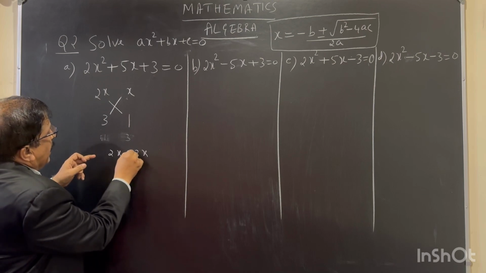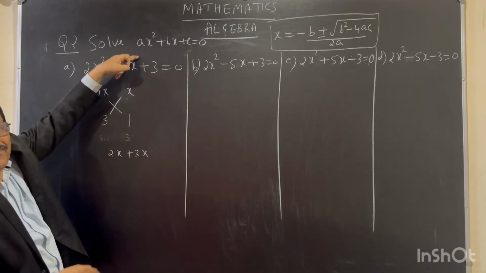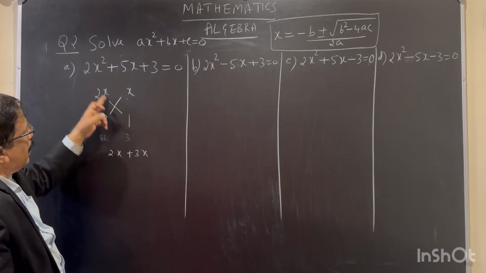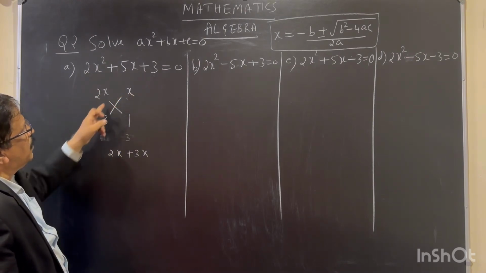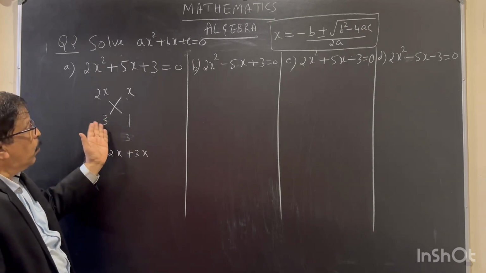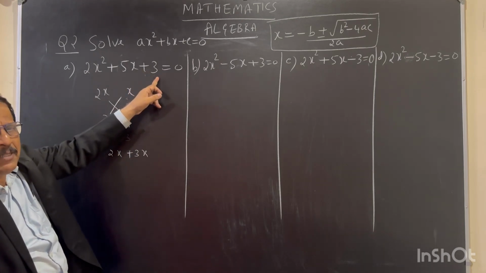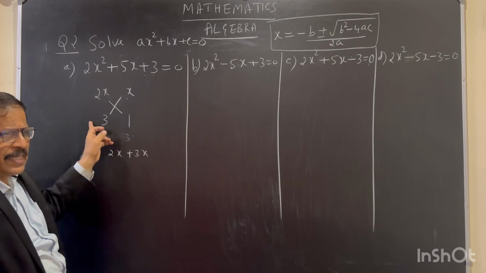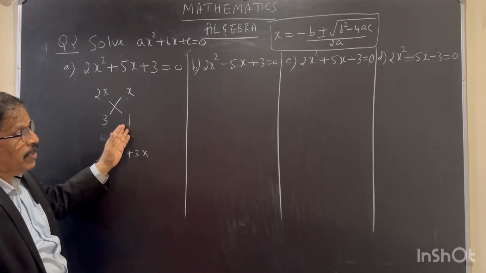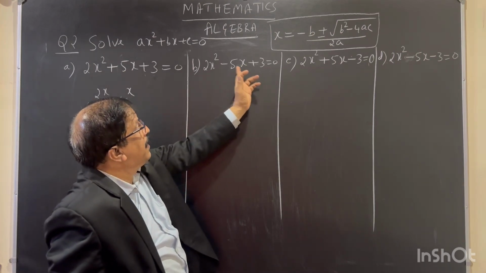If you add this, you should get this 5x. Right? So, if you cross multiply, this is 2x plus 3x, you get 5x. So, I should write 3 here and 1 here. And both plus. Because if it is plus 3, I should write both plus or both minus. That depends on the problem.